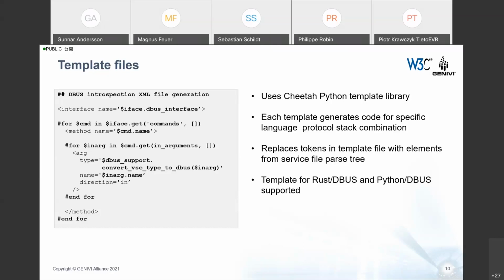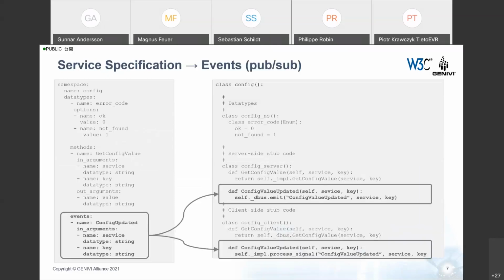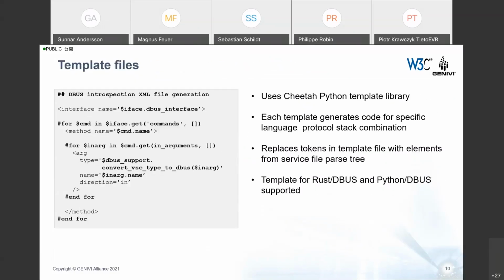So what we can see here is that once we have parsed the file, and I'll go back now, for example, this one on the left-hand side, this YAML thing becomes obviously a Python dictionary that's available. And this Python dictionary is then passed on to the generator itself, that now immediately, for example, has access to the interface name, which is dbus interface, and that's picked up from the deployment file.